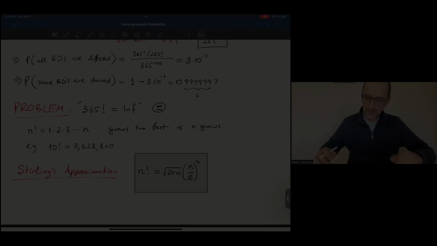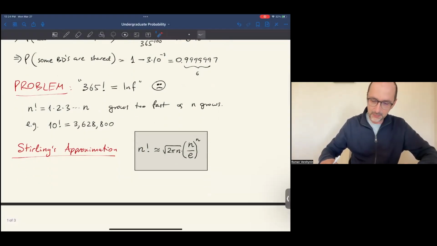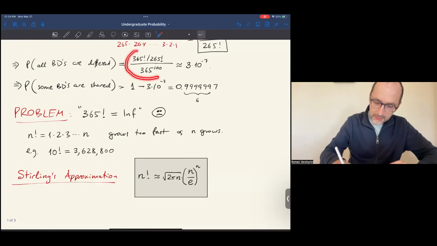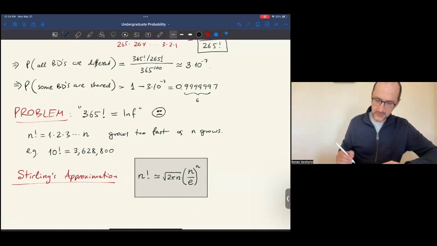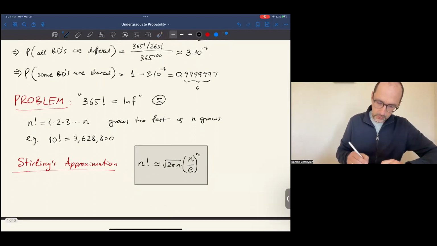And here is how. Okay, so now let's take this formula and compute this expression using Stirling's approximation. So we are facing, okay, n is 365. That's how many days we have. k is 100 friends.